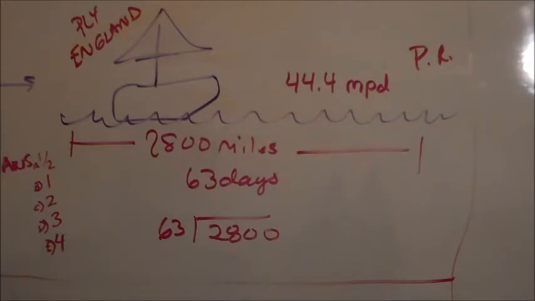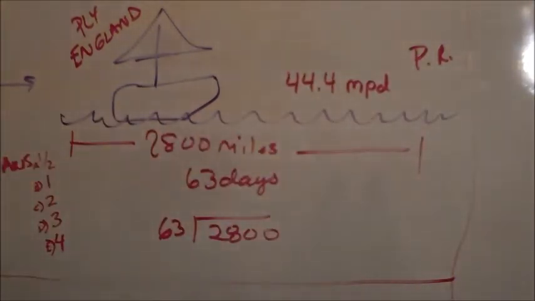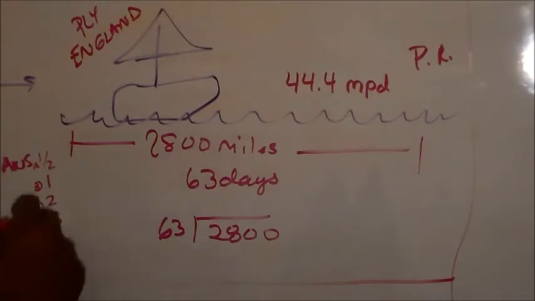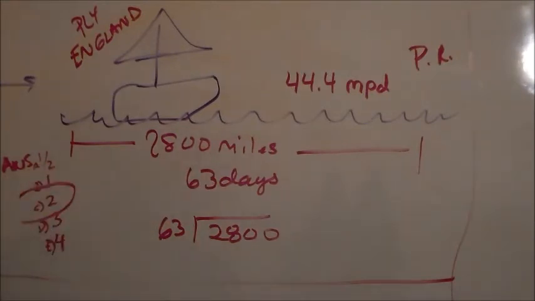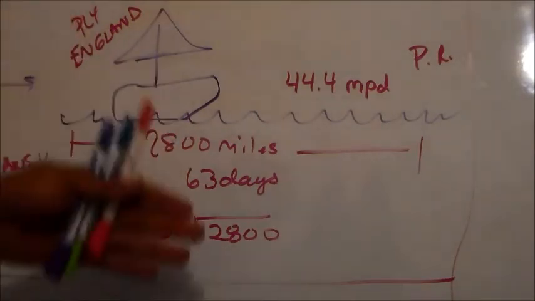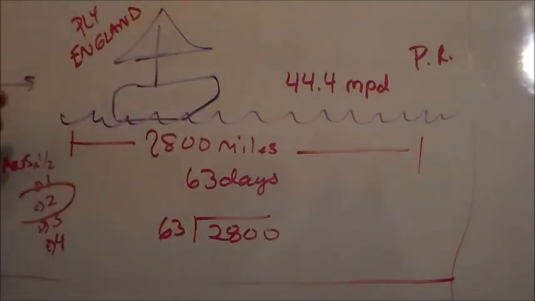Okay. So I'm looking at, we covered 44 miles per day, 44.4 miles per day, which is 24 hours in a day. I would probably go closer with 2. That's what I would do if it was me. Because if I'm going 1 mile an hour, I'm only covering 24 miles a day.